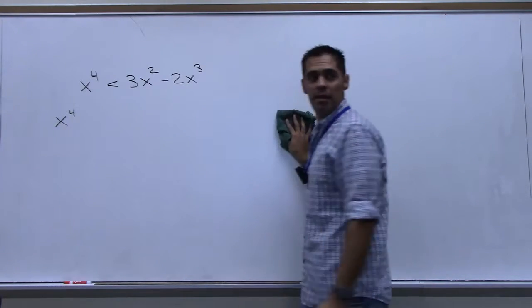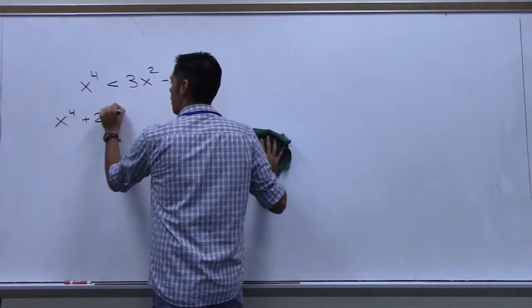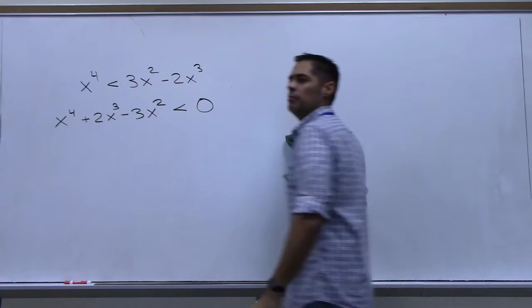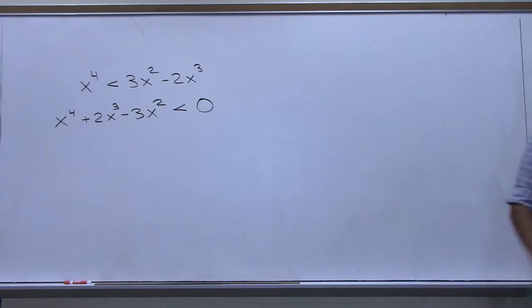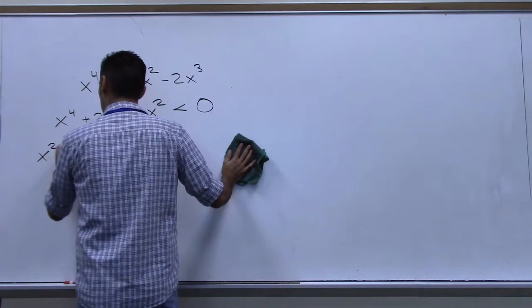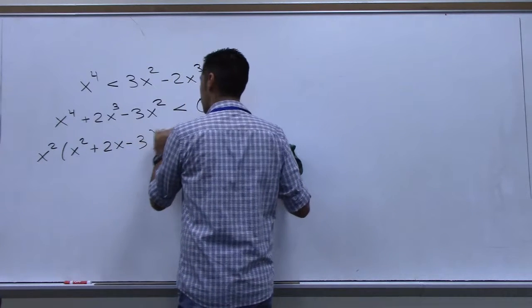Do you want me to reorder it now? Okay, so x to the 4th plus 2x cubed minus 3x squared less than 0. You can factor out an x squared. You'll be left with x squared plus 2x minus 3 less than 0.